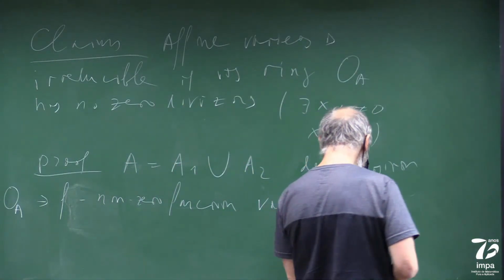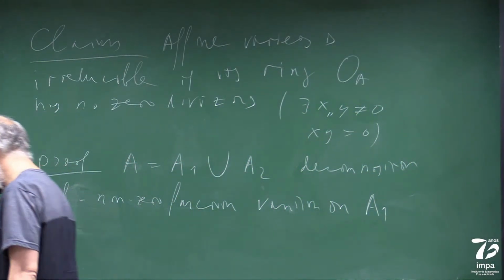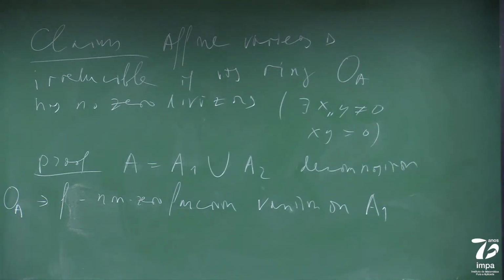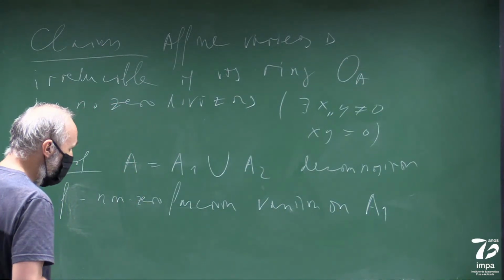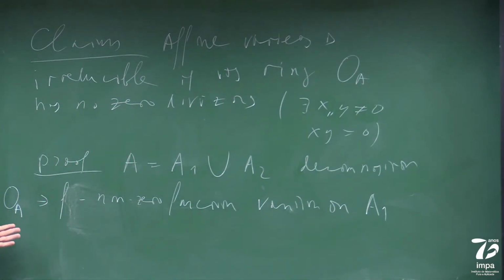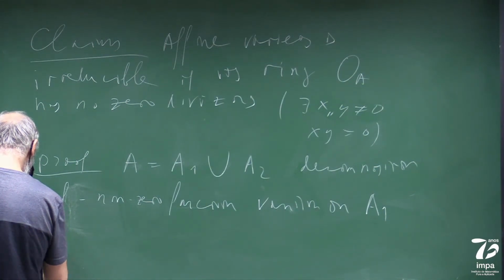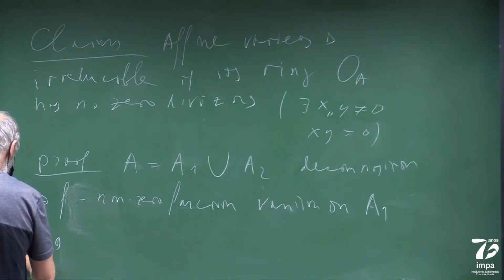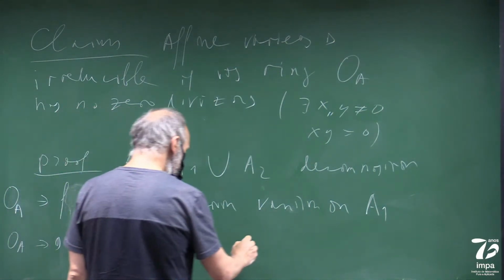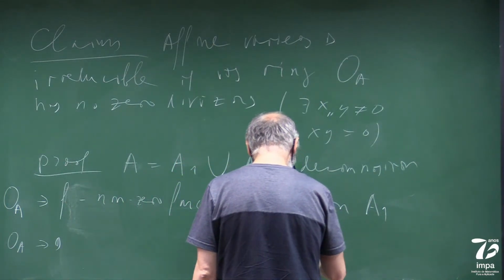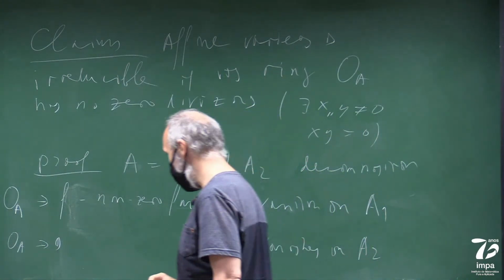Such a function exists because A1 is algebraic and A is algebraic, and they are distinct. So there are some functions which vanish on A1 and don't vanish on A. And then we have g in O(A) which vanishes on A2, and by the same reason it exists.